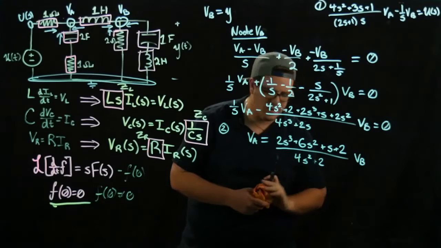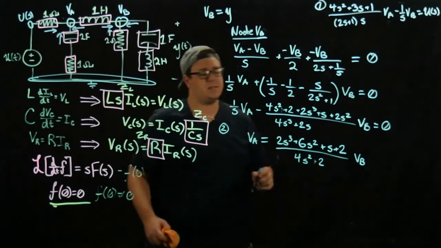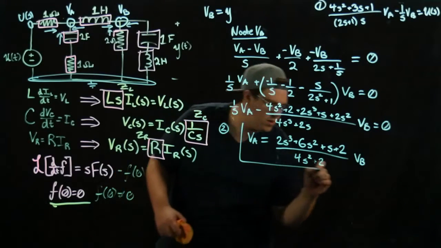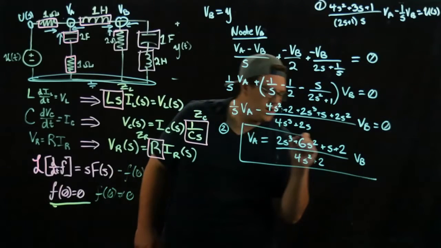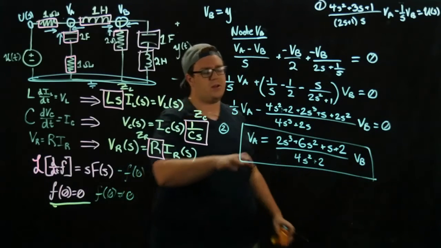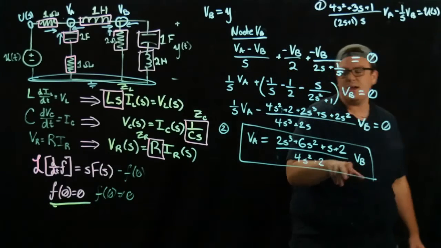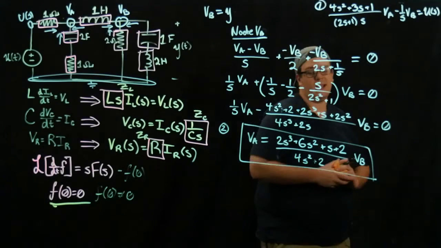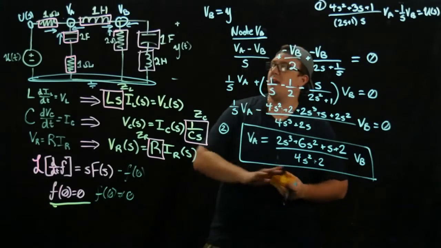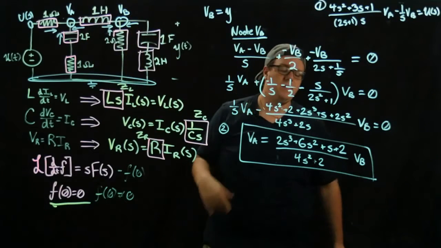So we end up with that. And so this is our second equation here. If you think about it, we can do VA divided by VB, and we will just have a term involving s's. So this is actually a transfer function to go from VA to VB.